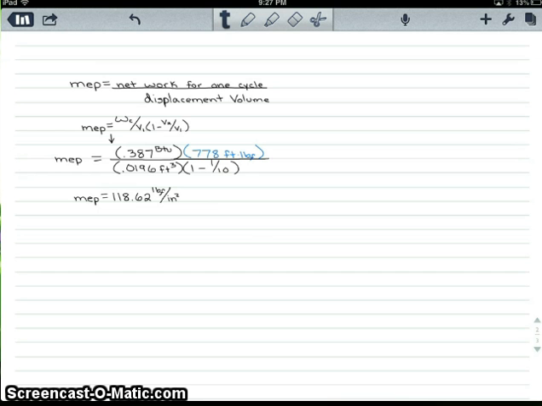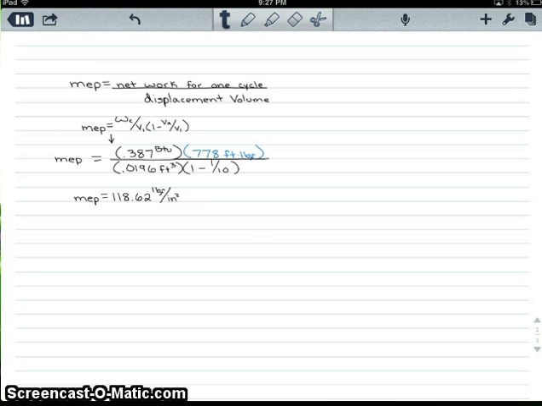Last is the mean effective pressure, equation 9.1, also known as MEP. It is equal to the net work for 1 cycle divided by displacement volume. As you can see in our problem, the work of the cycle divided by V1 minus V2, or in our case, work of the cycle divided by V1 open parenthesis 1 minus V2 divided by V1, which, as we have seen earlier in the problem, is 1/10.